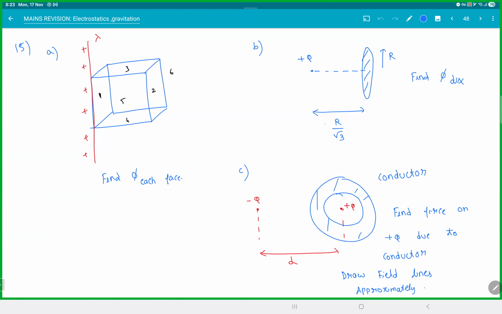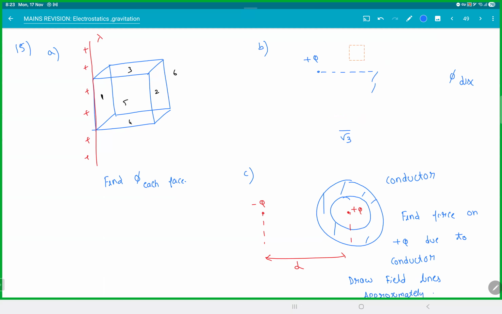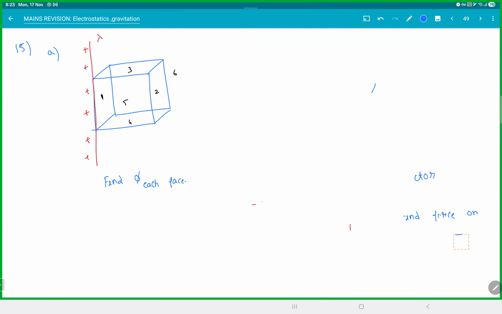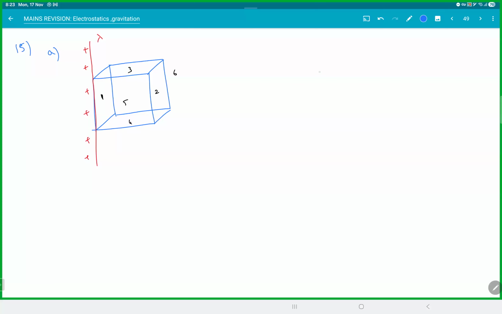Let's see the first one. Now, if you look at this infinite line charge, look at how the field lines go.